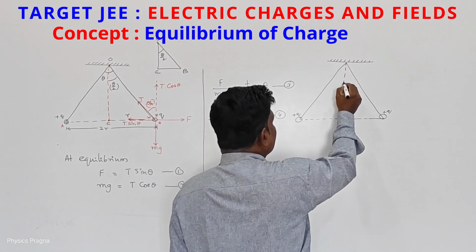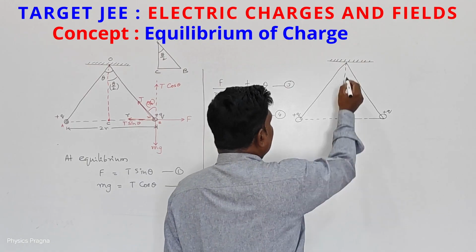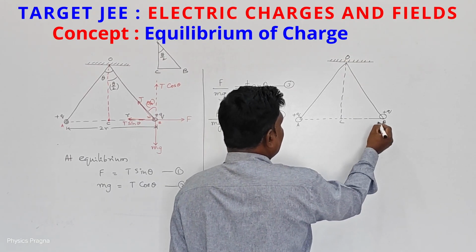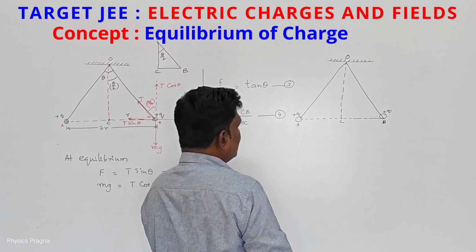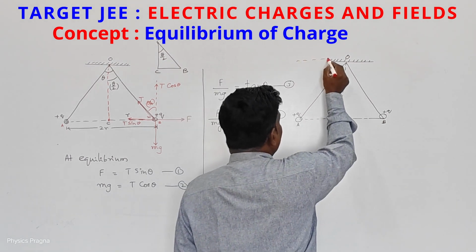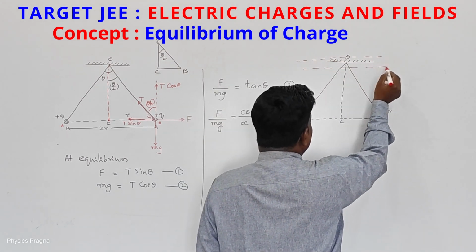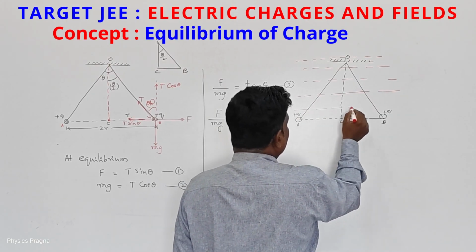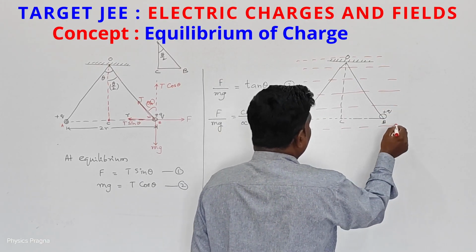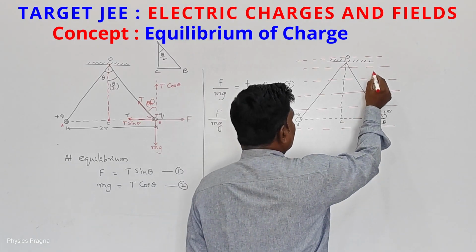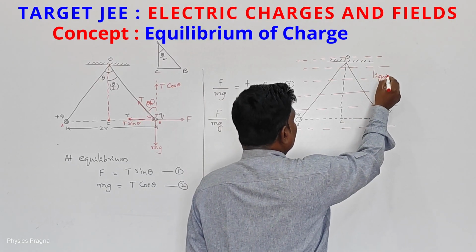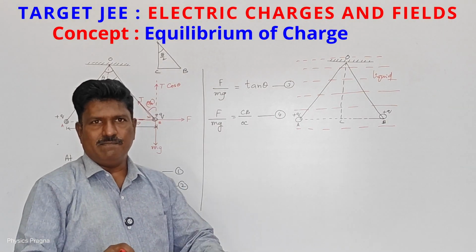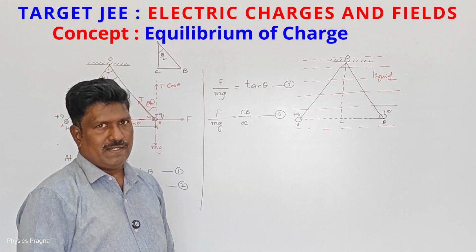This is the perpendicular bisector. This is O, this is C, this is A, this is B, right? This total arrangement is submerged in a liquid.